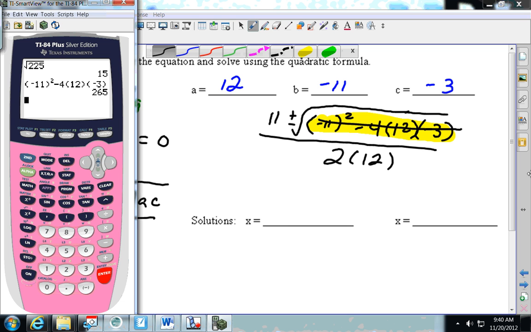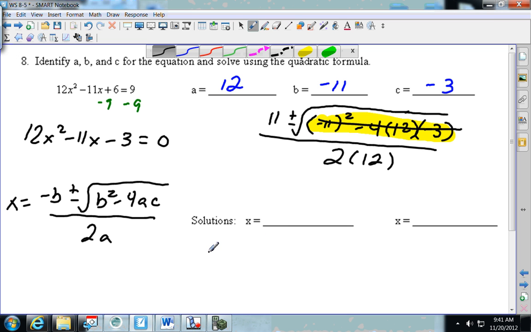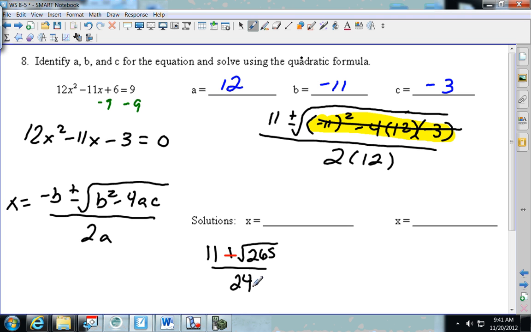So you're supposed to have 11 plus the square root of 265 over 24. Where did 24 come from? 2 times 12. And then I have 11 minus the square root of 265 over 24.